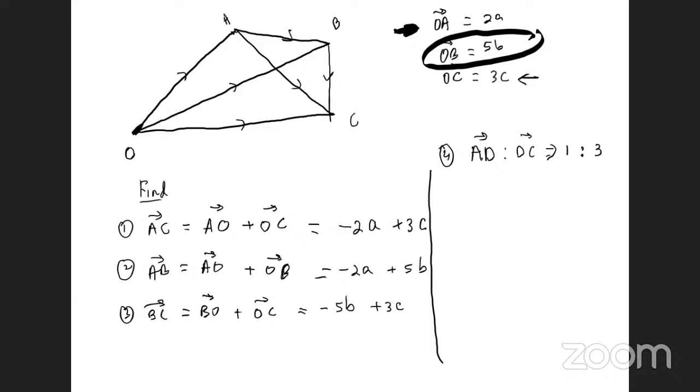So AD to DC is 1 to 3. For every 1 AD, you have 3 DC. Anybody could tell me where AD is? For every 1 AD, you have 3 DC.